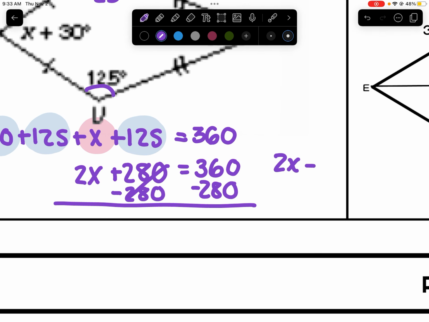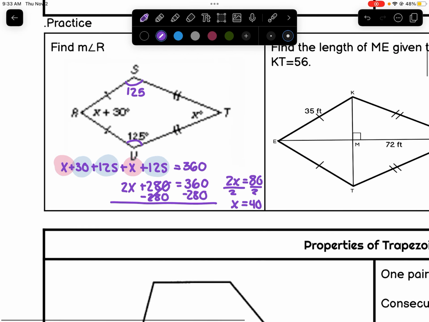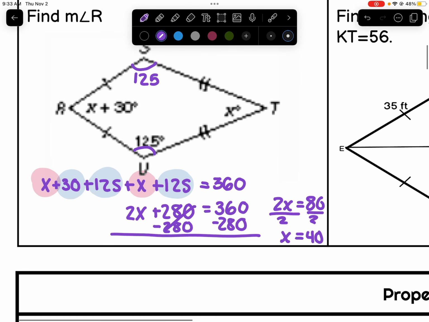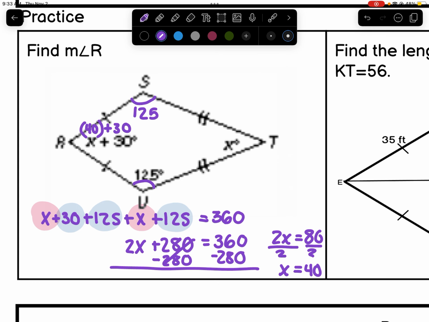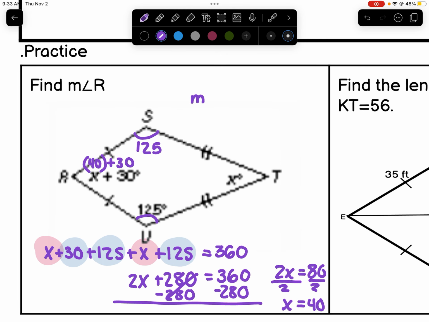And if 2X equals 80, then X equals 40. X equals 40, but that does not answer the question, what is the measure of angle R? And so to figure that out, we have to plug in our X. If angle R is X plus 30, which is 40 plus 30 degrees, then the measure of angle R is 70 degrees.